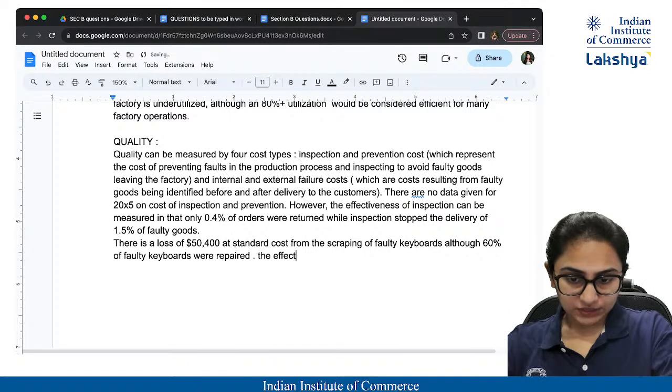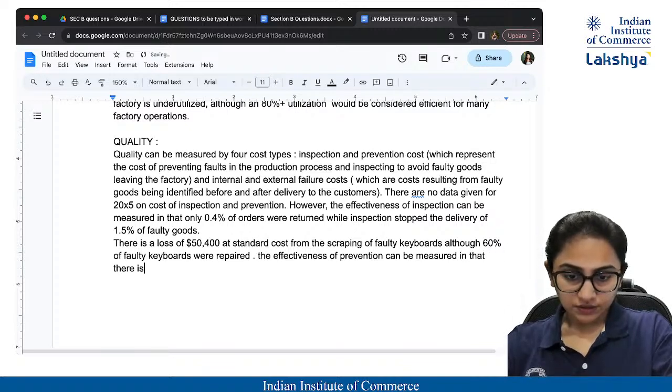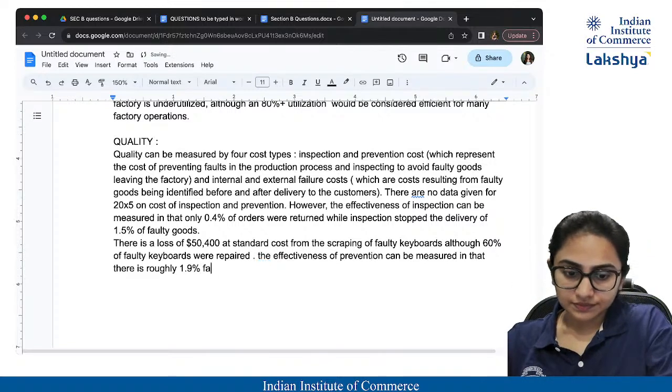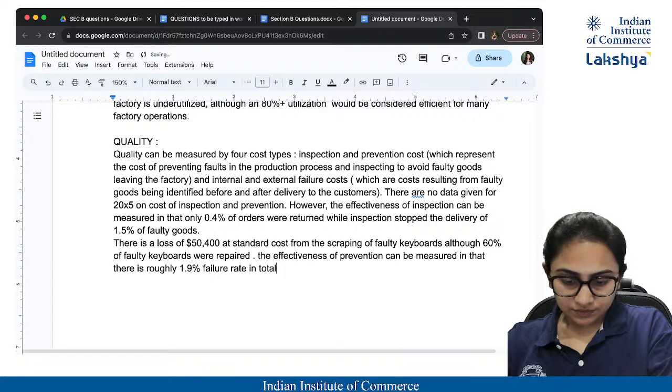So the effectiveness of prevention can be measured in that there is roughly 1.9% failure rate in total, which must reflect good production practice.